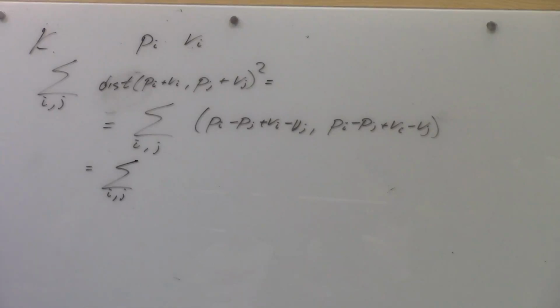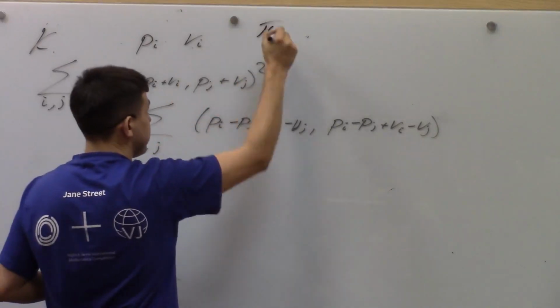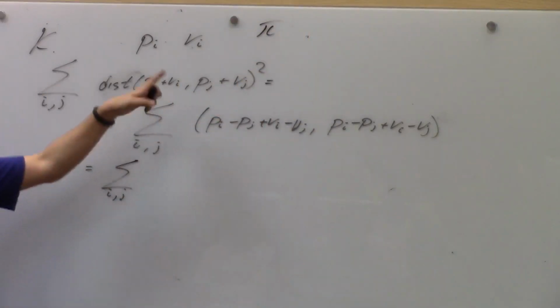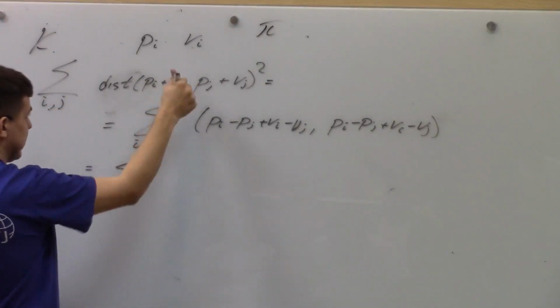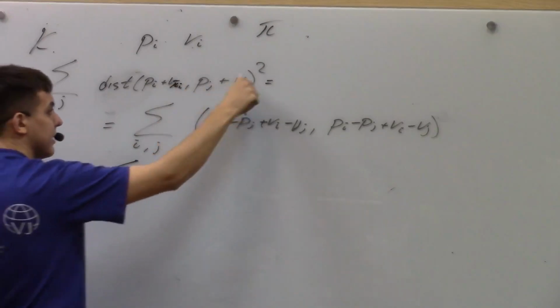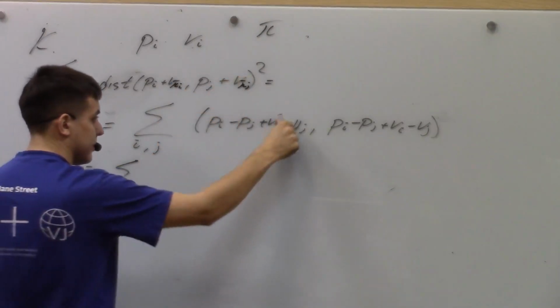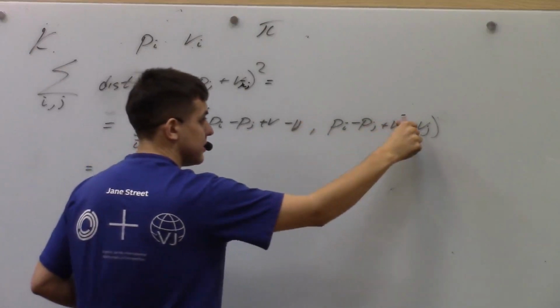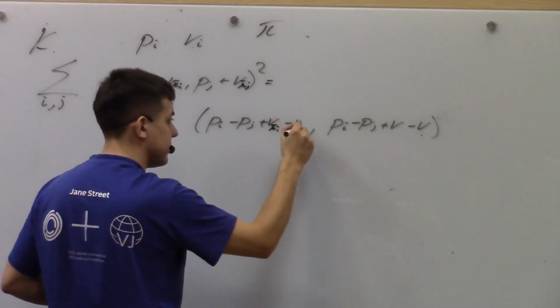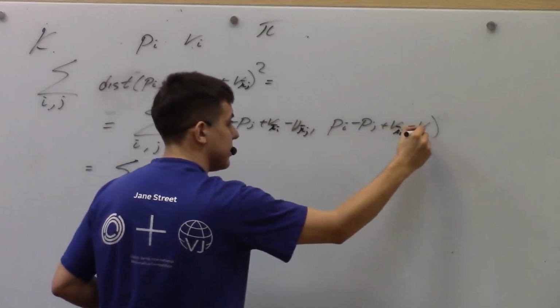I don't want to have all these 16 terms here. So let's choose a permutation P that makes the correspondence, right? So here this will be pi plus v of pi and pj plus v of pj.